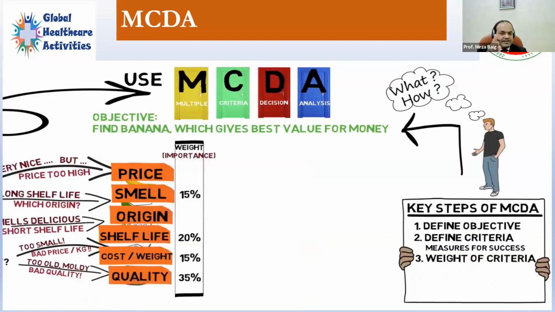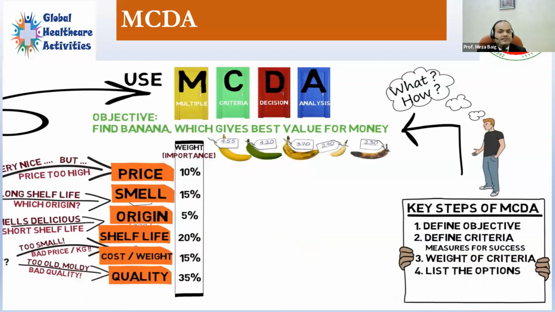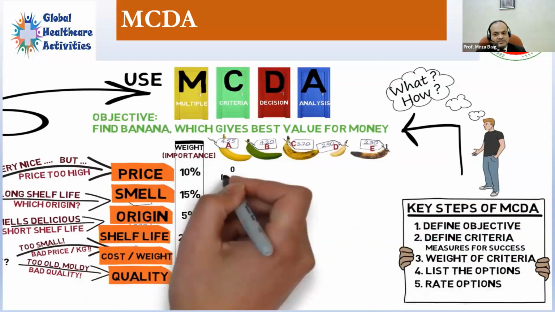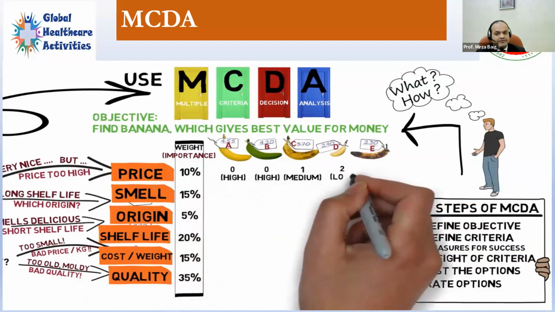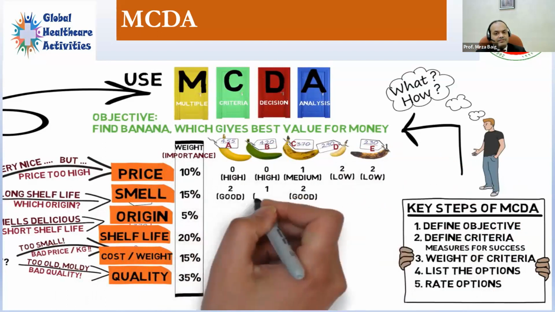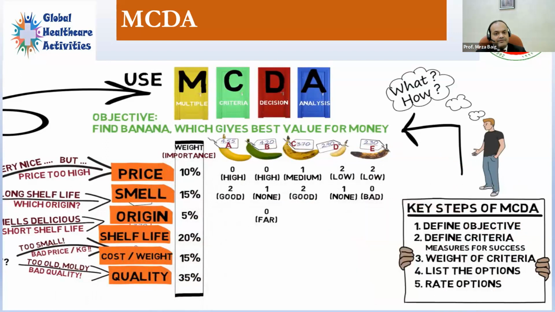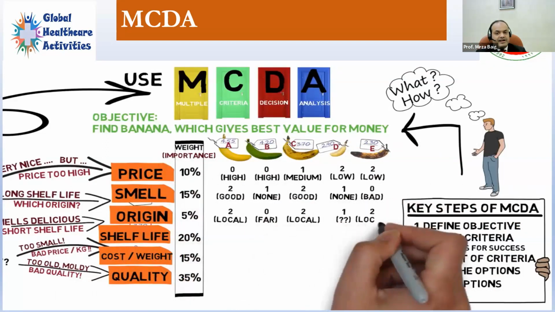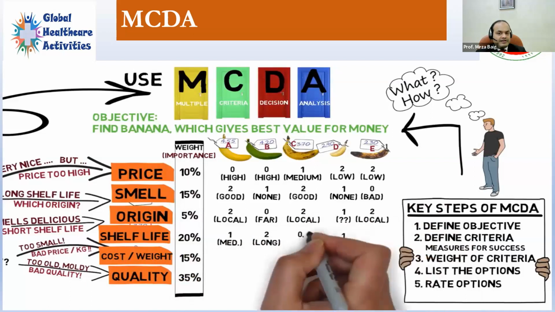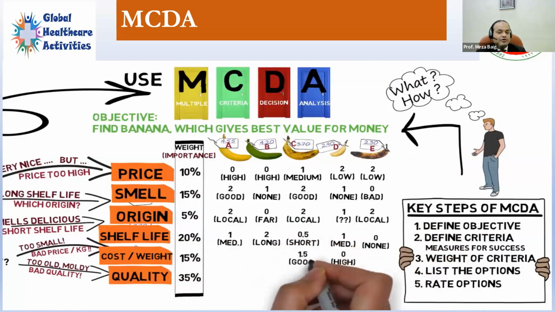For example, if we give different weightage to the different criteria, and when you compare these five different bananas, you can use certain ratings, and based on these ratings and the weightage, we can identify which product is best based on your preference.